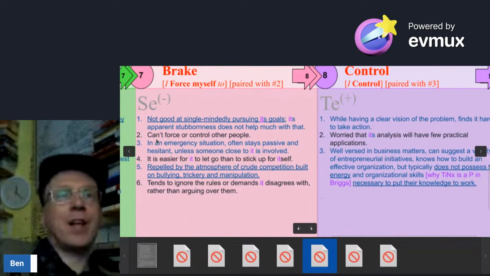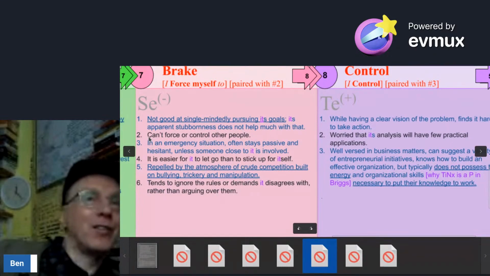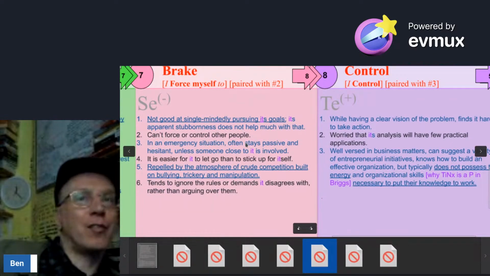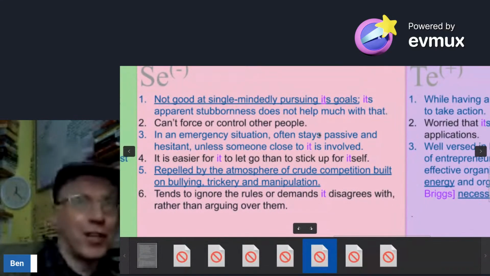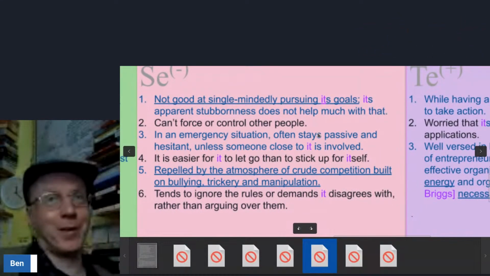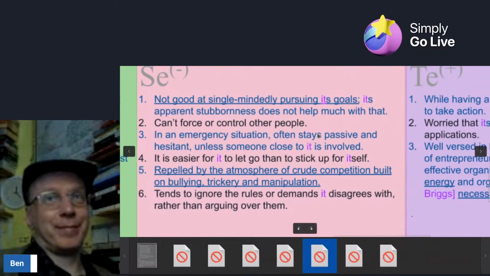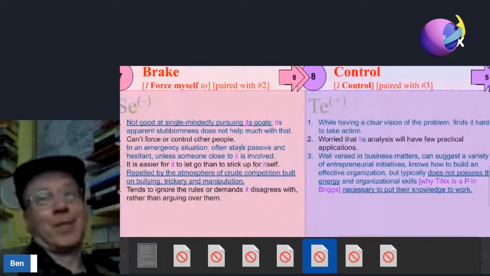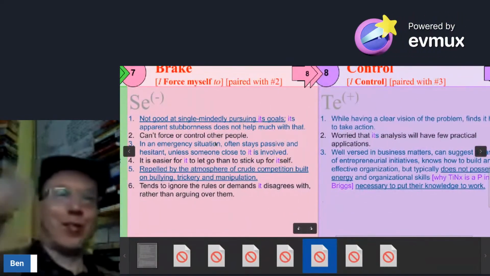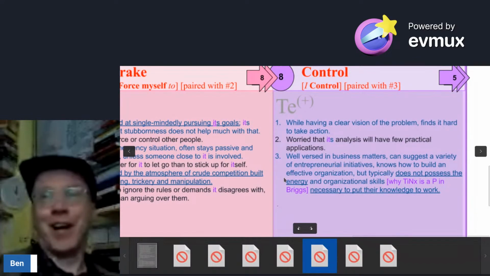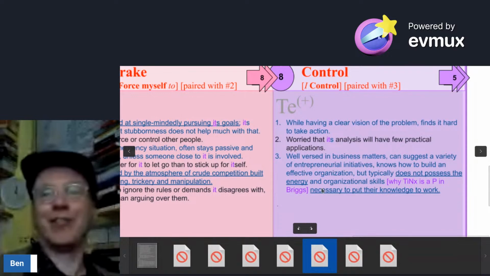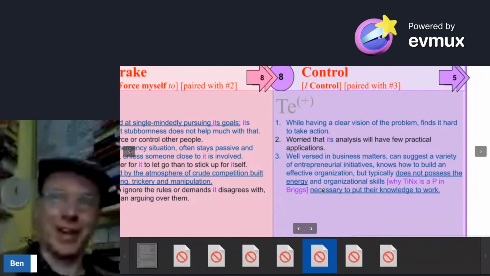It doesn't say finds it hard to force or control other people. It just states it right out: can't force or control other people. This one doesn't say can't take action. Can't. Does not have the energy. Can never possess the organizational.